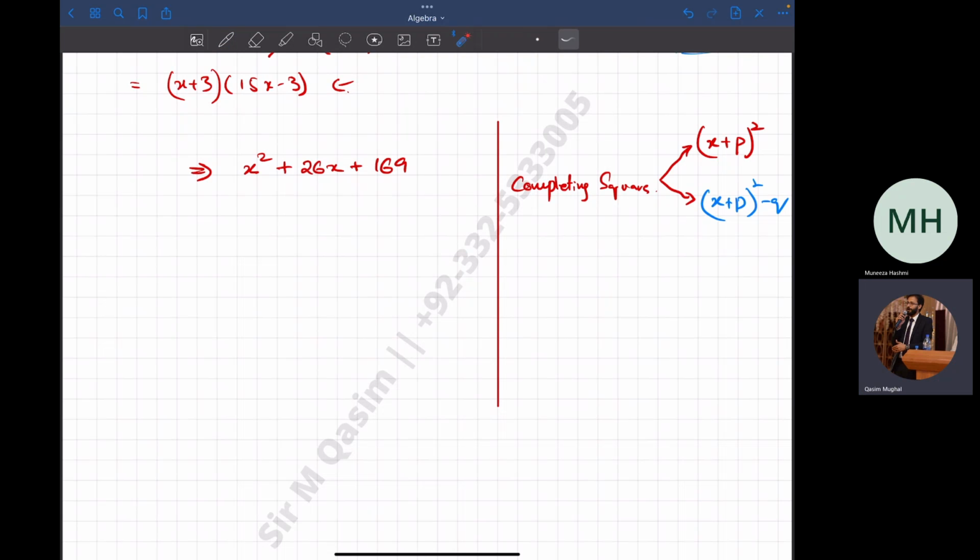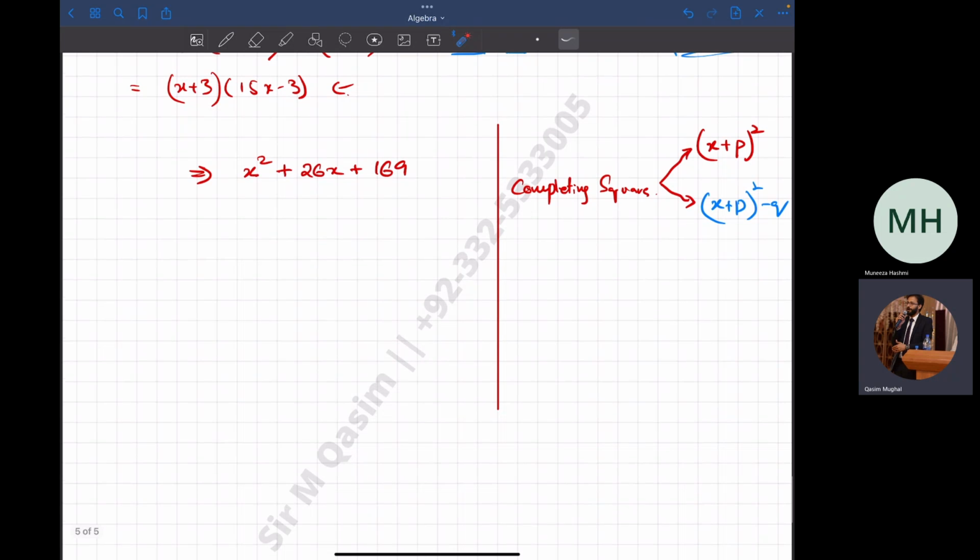Okay, now the proper method, which you won't be using in the exam, is just for concept purposes. Completing the square, basically I'm trying to complete the square and obtain something like this. I know I will be able to obtain factors like this if I have something like a squared plus 2ab plus b squared, isn't it?